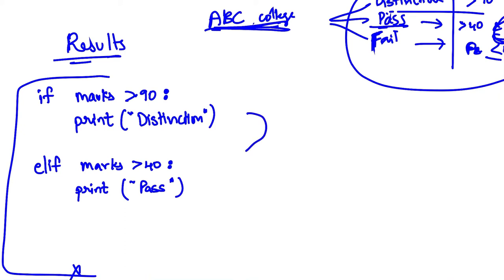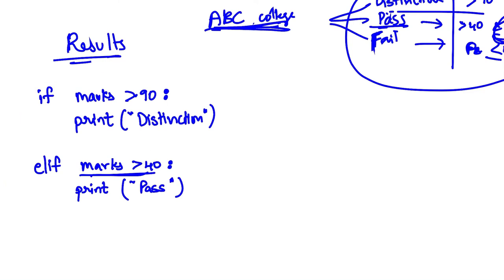The program will only run this step if that is not the case, which means we don't need to mention that it's less than 90. I hope this is clear, and we will move to the next argument in the program.